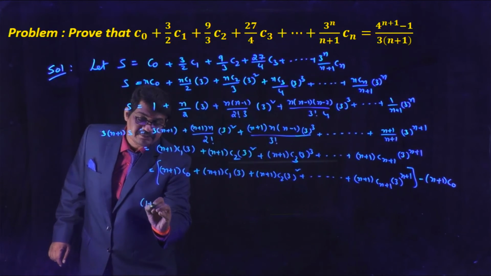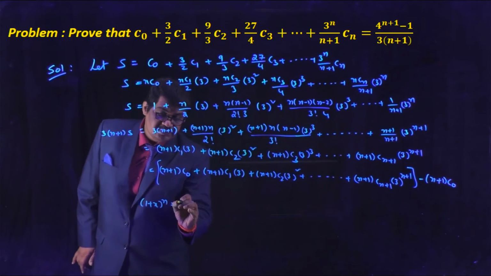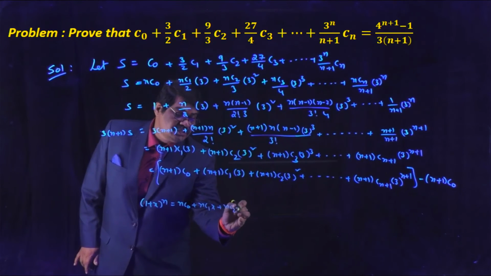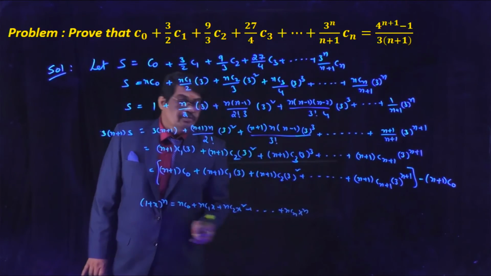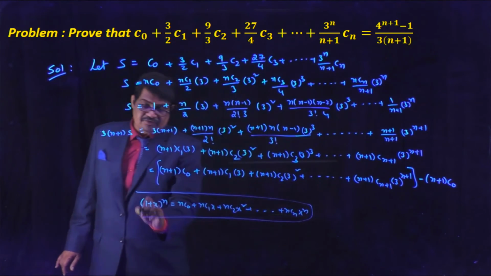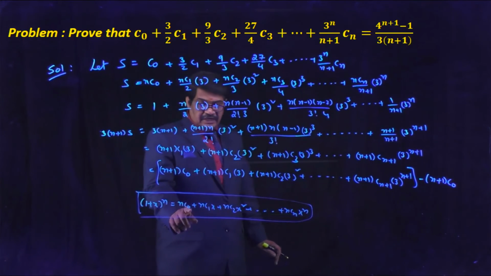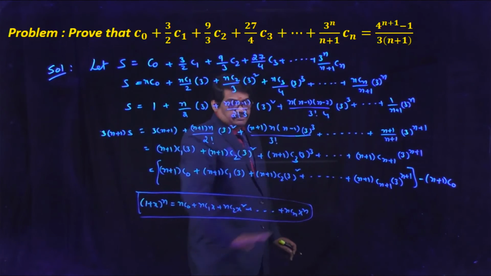The binomial expansion 1 plus x whole power n is equal to nc naught plus nc1 x plus nc2 x square and so on, ncn x to the power of n. So this is in this form. Okay, so RHS is in this form: nc naught, nc1 x, nc2 x square and so on, ncn x power n.